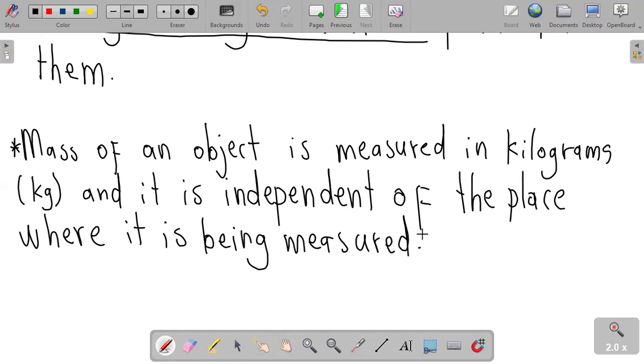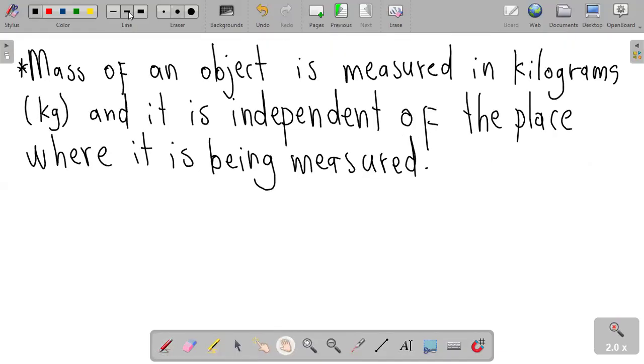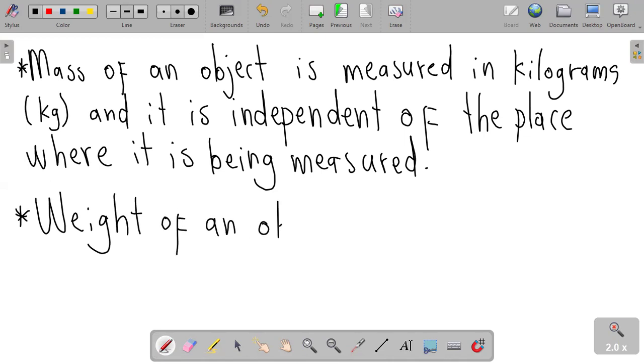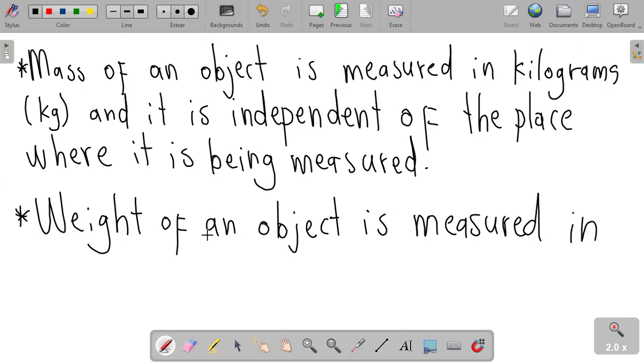So unlike weight, the weight of an object is measured in Newton.